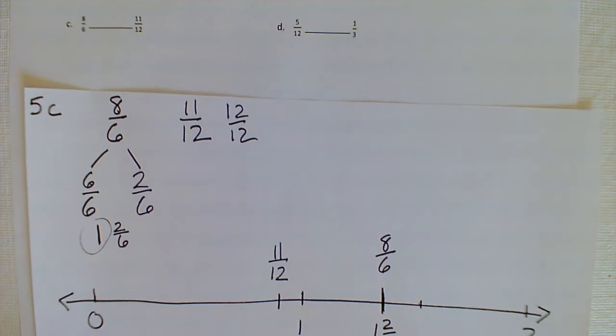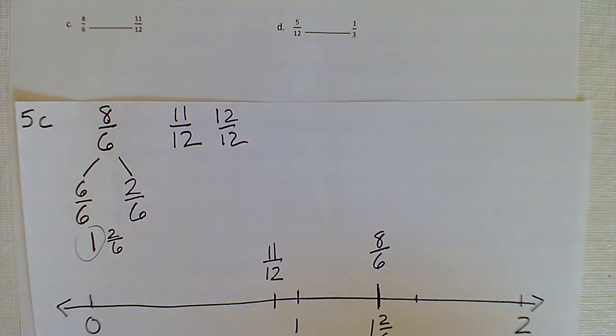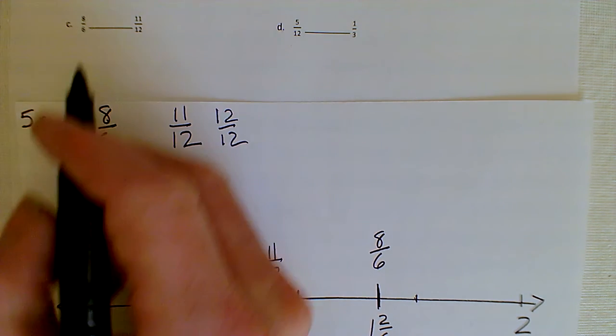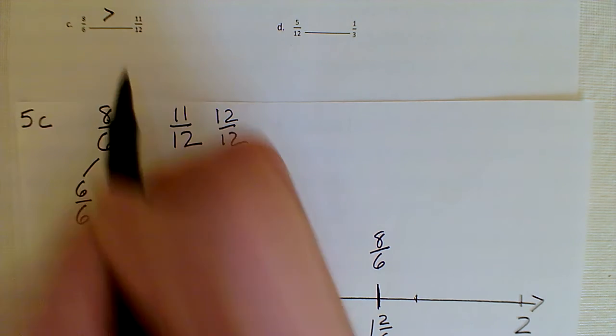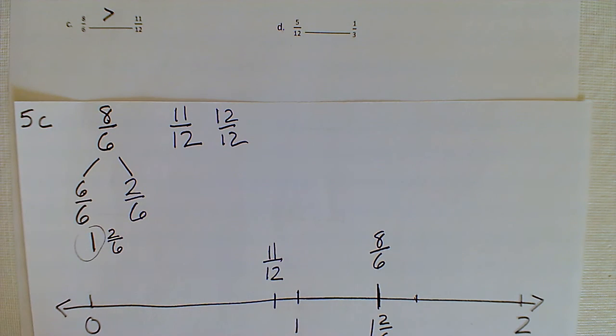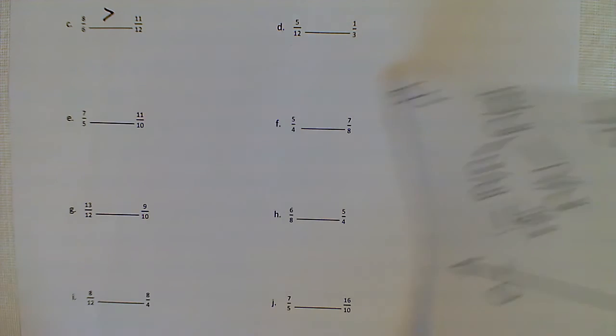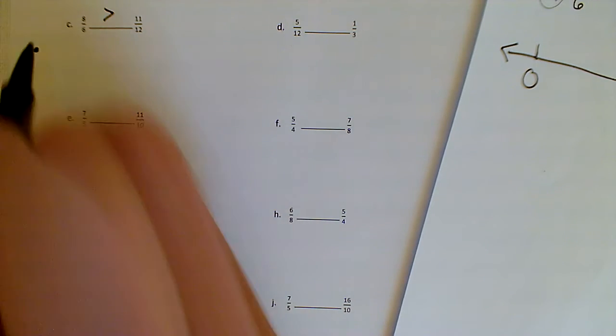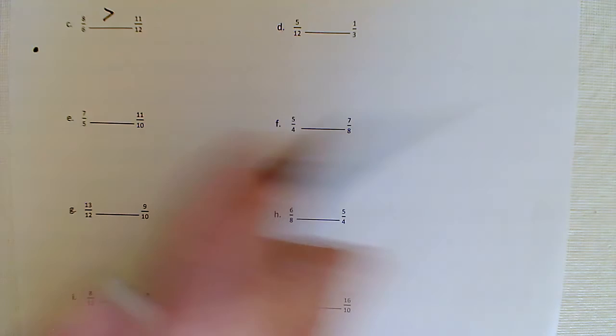So let's go ahead and put this into our page where I can say that 8/6 is greater than 11/12. And if I want to describe that, I can simply say that 8/6 is greater than 1. Move this out of the way.